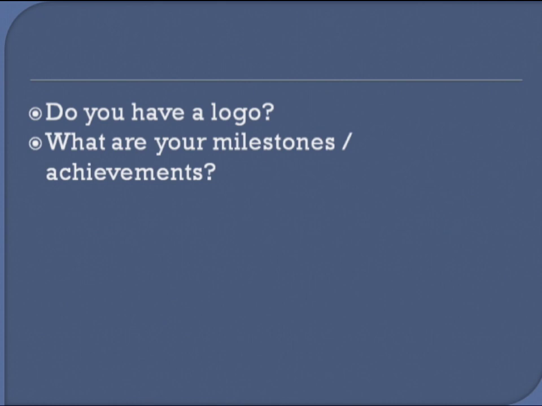What kind of milestones or achievements? Facebook timeline is organized in such a way that you can put your milestones and achievements over history. I mean, as long as it's dated before or after 1800s, you're okay.